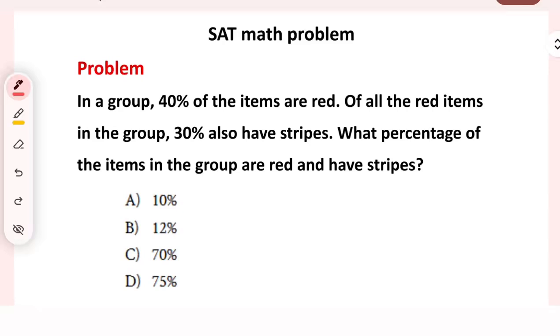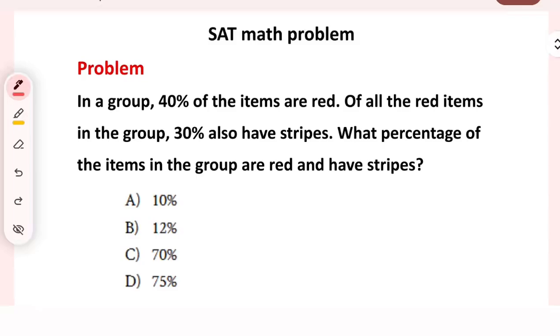I hope you understood the problem. So there is a group, and in this group, 40% of the items are red. We know already that 40% of the items are actually red.